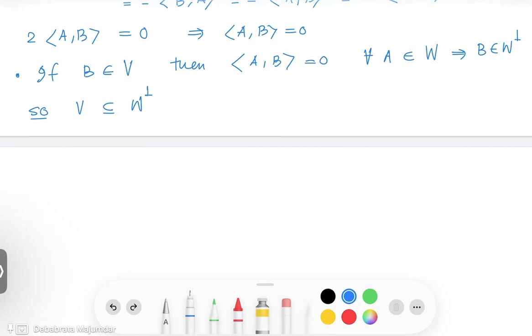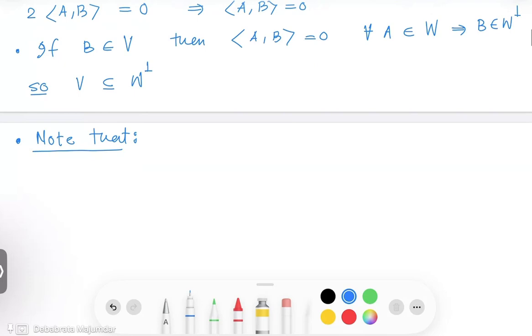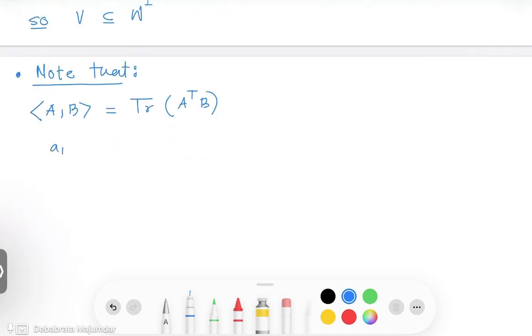So first of all, note that what is the meaning of trace? If I am writing the inner product of A and B, basically this is the trace of A transpose times B. So just observe one thing. A11, A12, A13. I'm doing this for 3 cross 3 matrices.